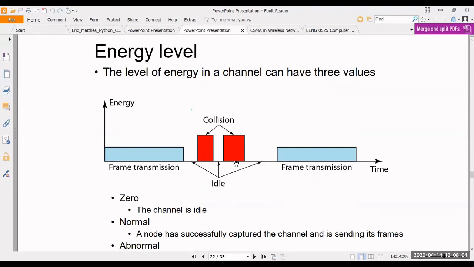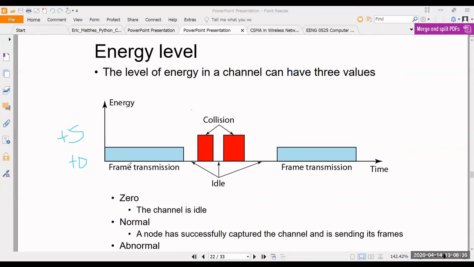Whenever there is a normal frame, we have a particular value. Let's assume plus 5 volts. And if the line is idle, with no frame on it, we can say it's at a 0 value.